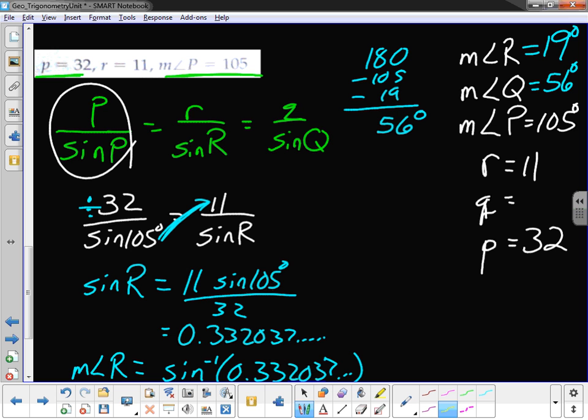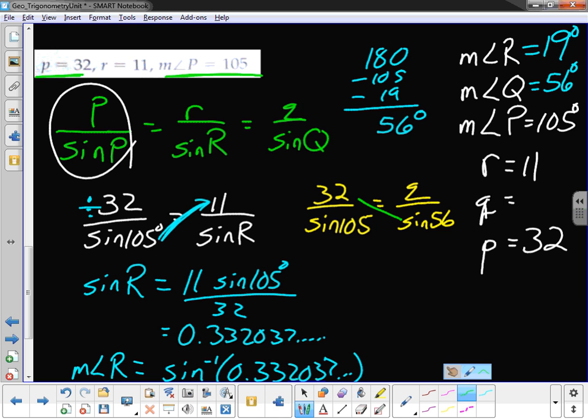So I'm going to set it back up: 32 over the sine of 105 equals side Q over the sine of 56 degrees. To solve that, I multiply these two and divide by the other number. So side Q will equal 32 sine of 56 degrees over the sine of 105.